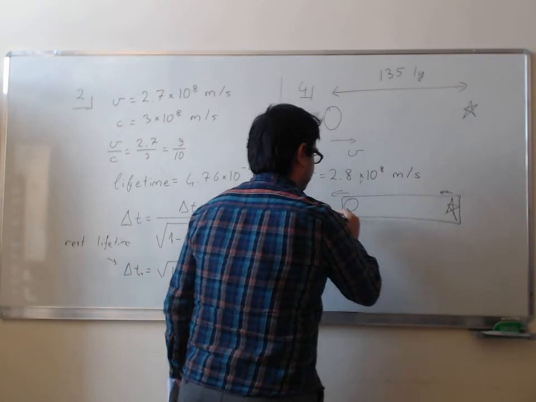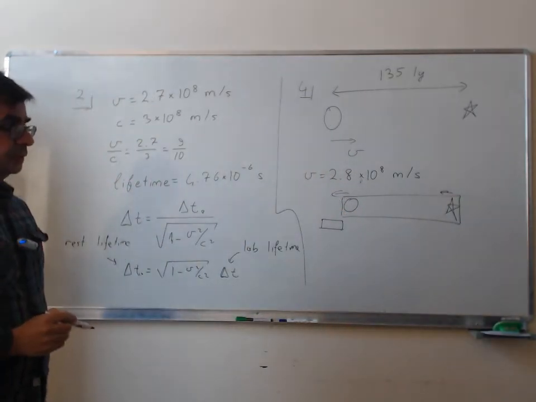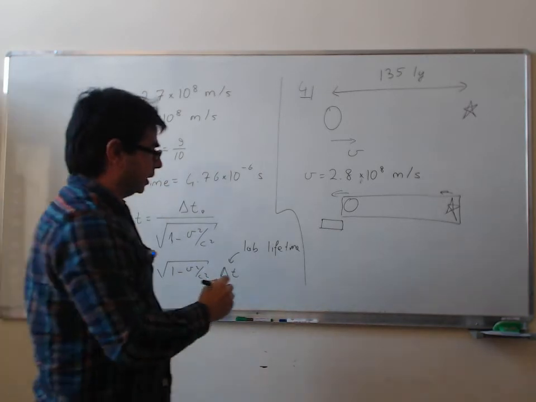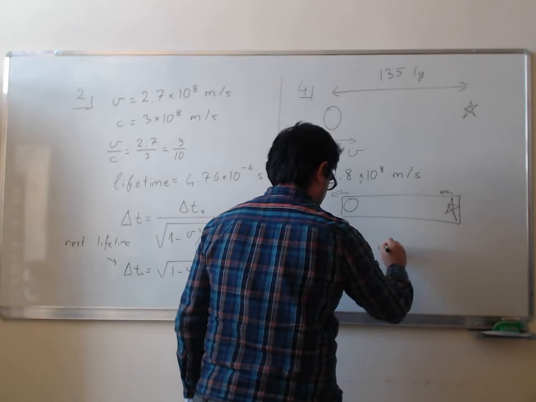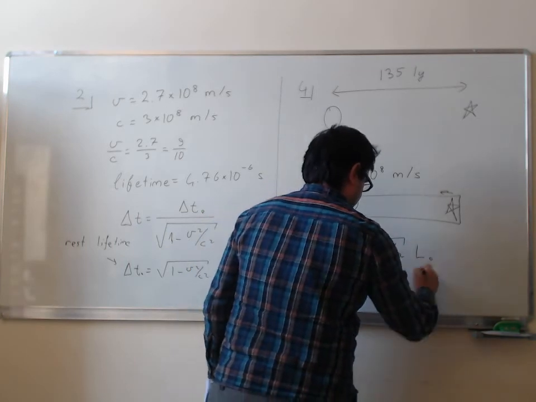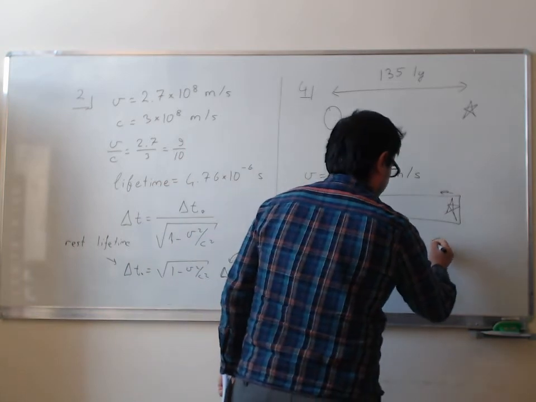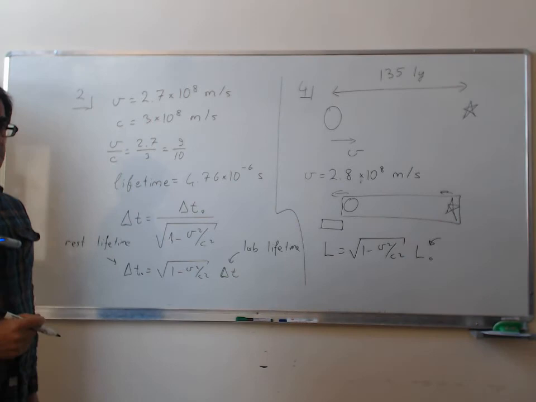But this whole thing, because it is moving with respect to us, is going to experience length contraction. It's going to get shorter. That length contraction is, again, the square root of 1 minus v squared by c squared times L0. And this L0 here is the length that is measured in the rest frame of the object in consideration.